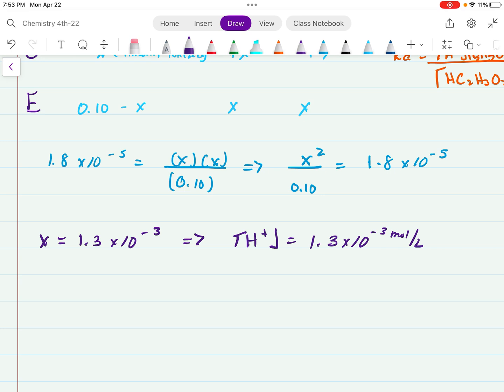So to calculate the amount, or the percentage ionization, we have a formula.